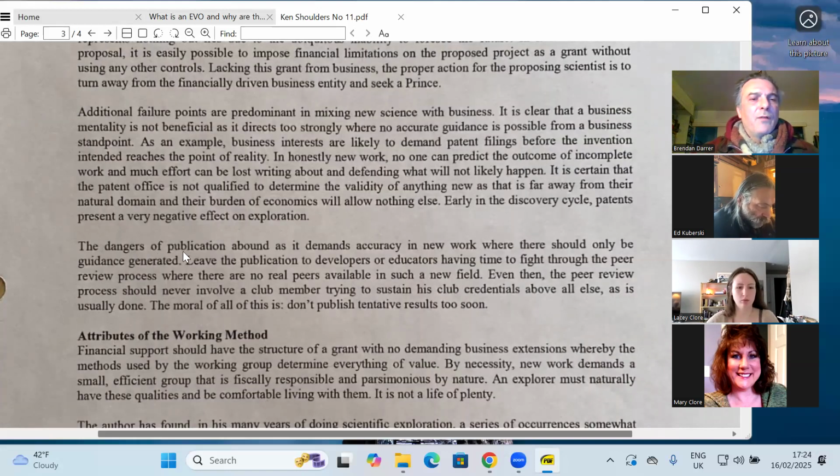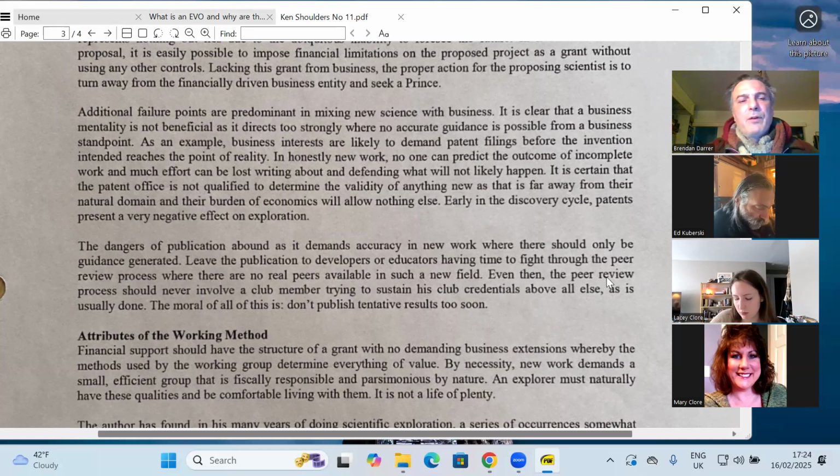The dangers of publication abound, as it demands accuracy in new work where there should only be guidance generated. Leave the publication to developers or educators having time to fight through the peer review process, where there are no real peers available in such a new field.